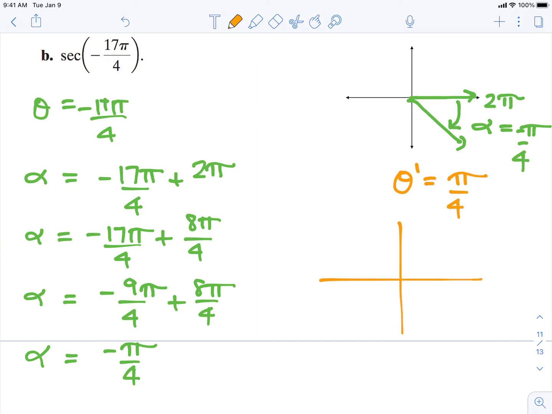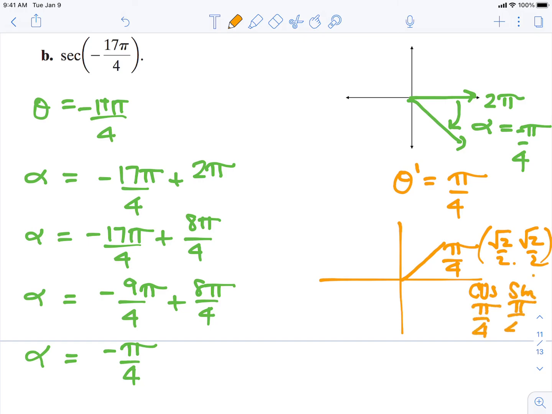So let's graph our first quadrant reference angle of pi over 4. It has the ordered pair, square root of 2 over 2, square root of 2 over 2. This is going to be the cosine of pi over 4, and this will be the sine of pi over 4. Well, we want the secant.